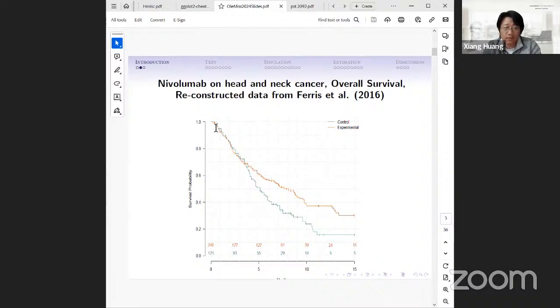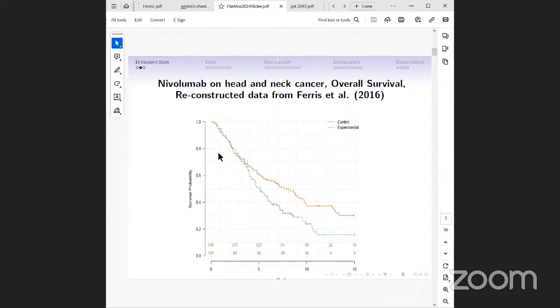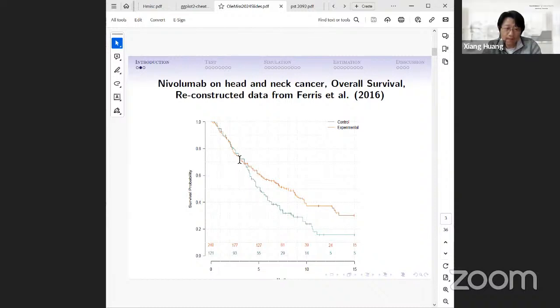From the graph, you can see that when we start the trial, before 3 or 4 months, there is no separation between the two survival curves.